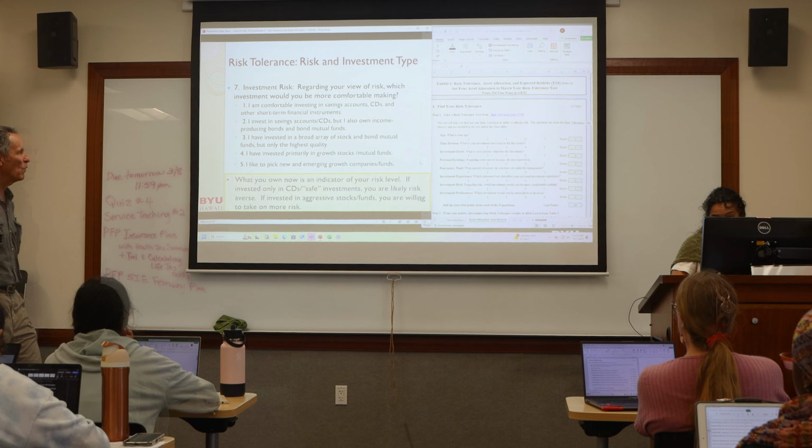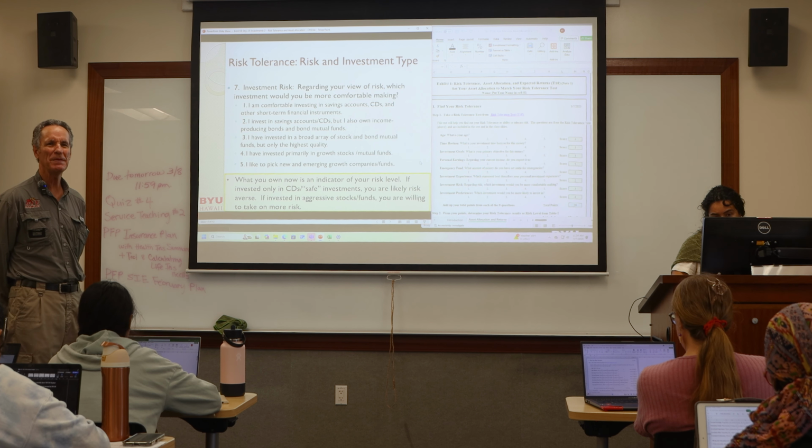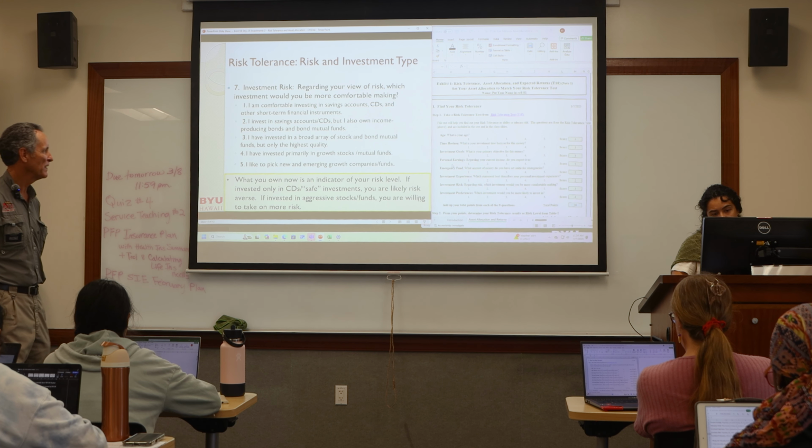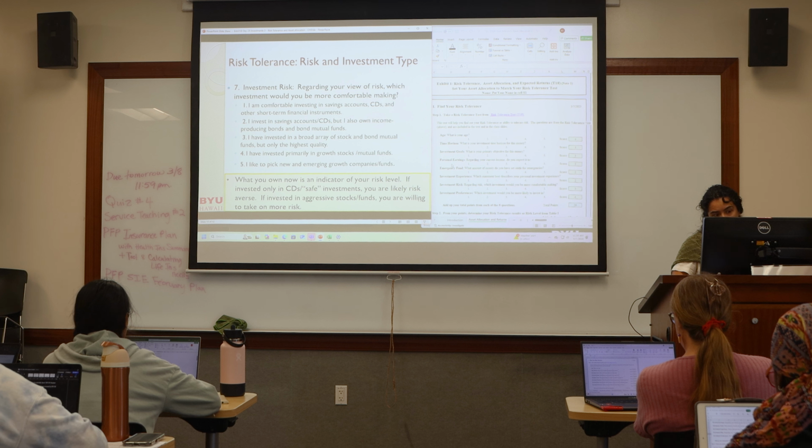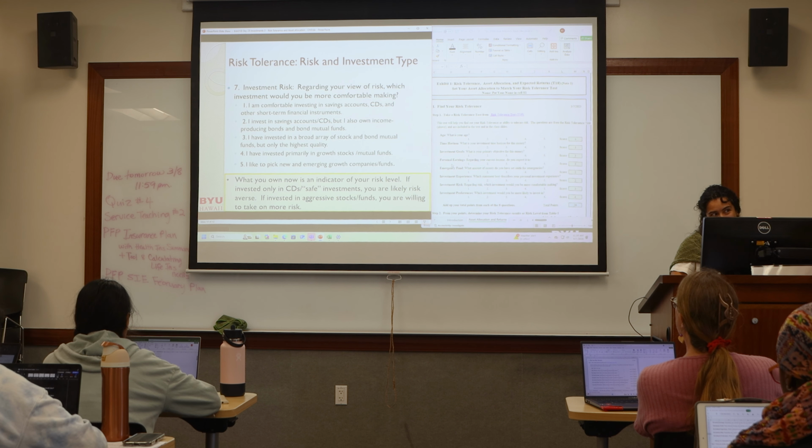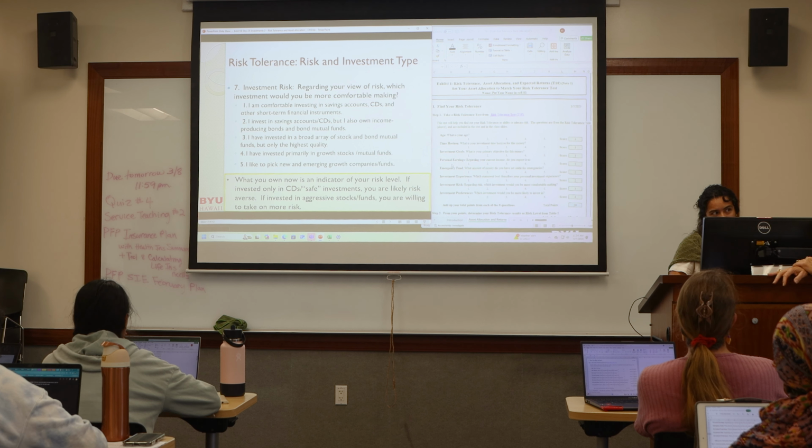So what you own now could be an indicator of your risk level. If you've only invested in CDs or safe investments, you're likely fairly conservative. That would be me. If you're in aggressive stock funds, you're willing to take on more risk, which is me. I'm getting more aggressive. I'm going to maybe move next year.